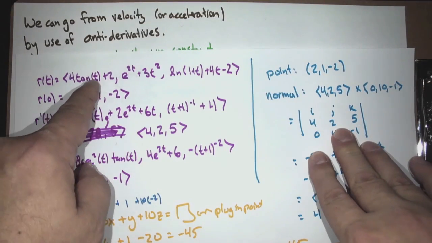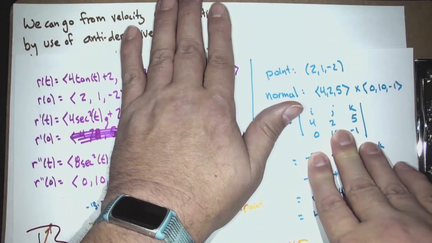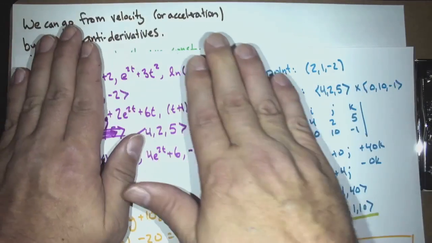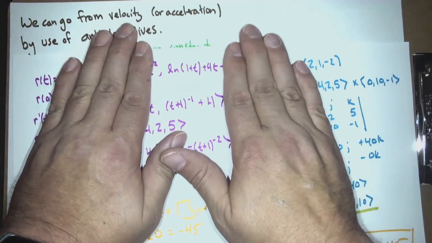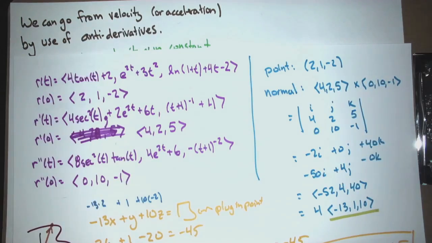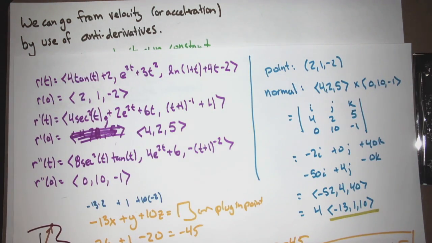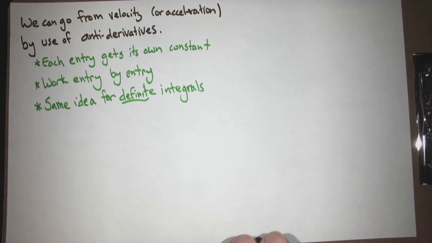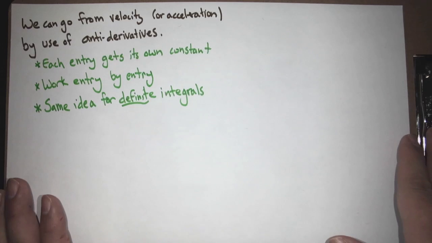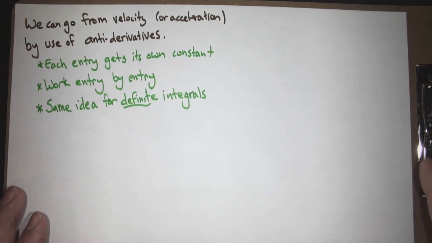Normally in Calc 1, you would just have one of these and ask for the second derivative. So what we did is give you 3 little Calc 1 problems. It's like Calc 1, you just get to do it 3 times. Same thing with integration. Work entry by entry. You can also do definite integrals, not just antiderivatives, entry by entry.